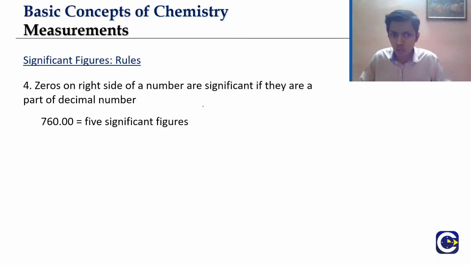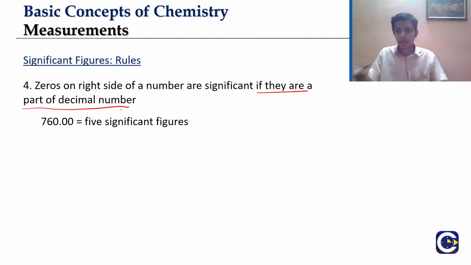The fourth rule says zeros on the right side of a number are significant if they are part of a decimal number. To the right, if they are part of a decimal number, then they are significant. If they are not part of a decimal number, then they are not significant, provided in one case they will be significant. That I'll explain.